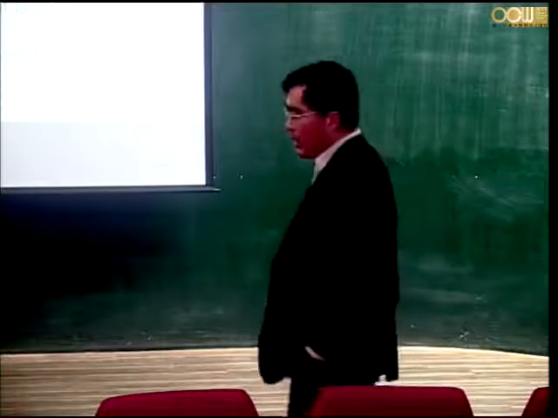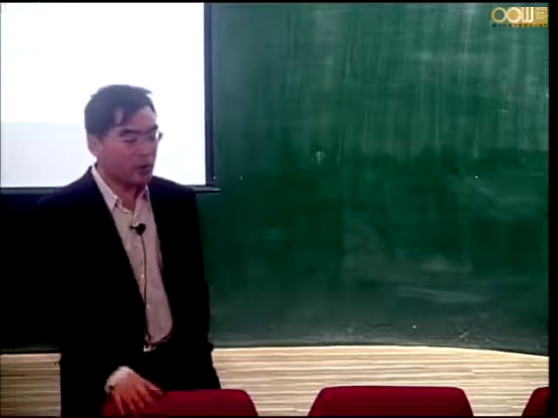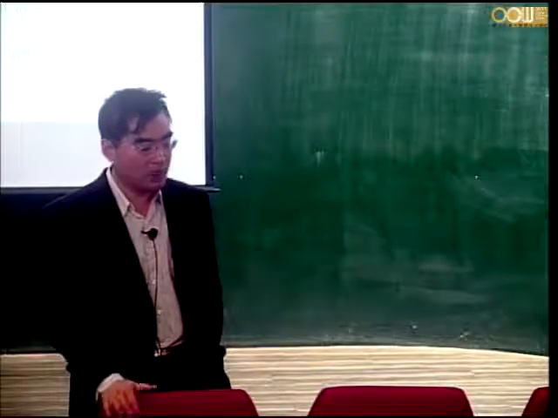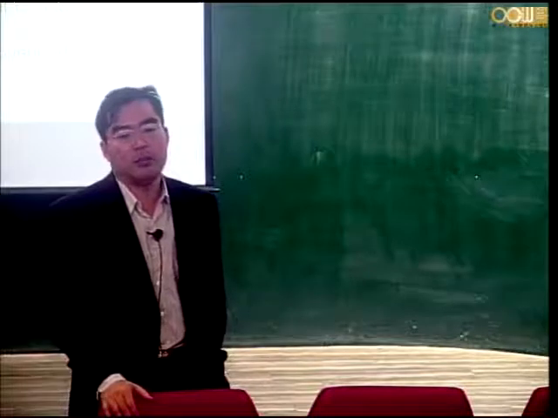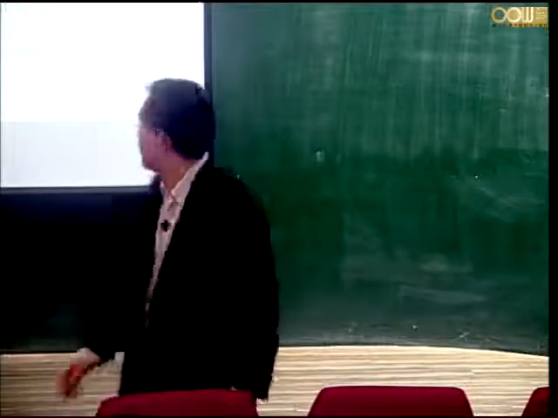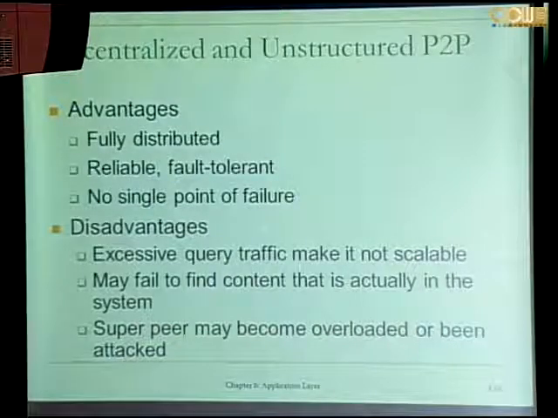So it's still possible that somewhere in the system there's a peer with the content I need, but the search does not find it. And the super peer may become overloaded or be attacked. So apparently, we want to solve two things.